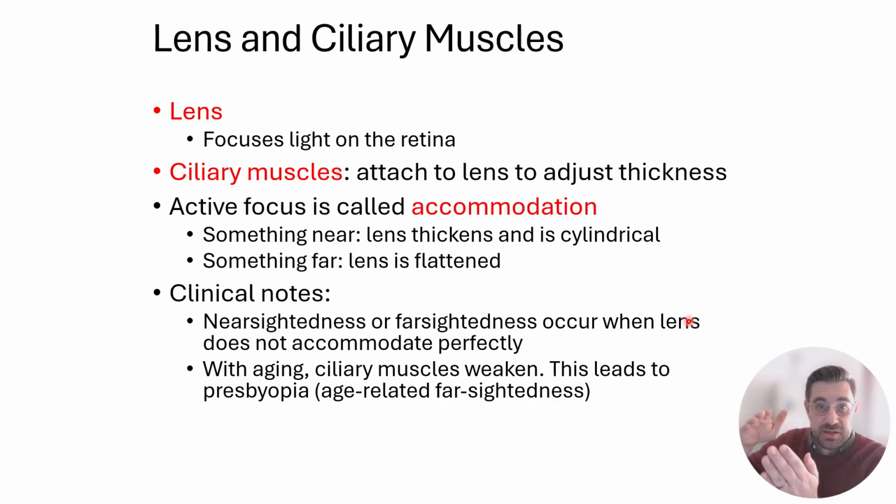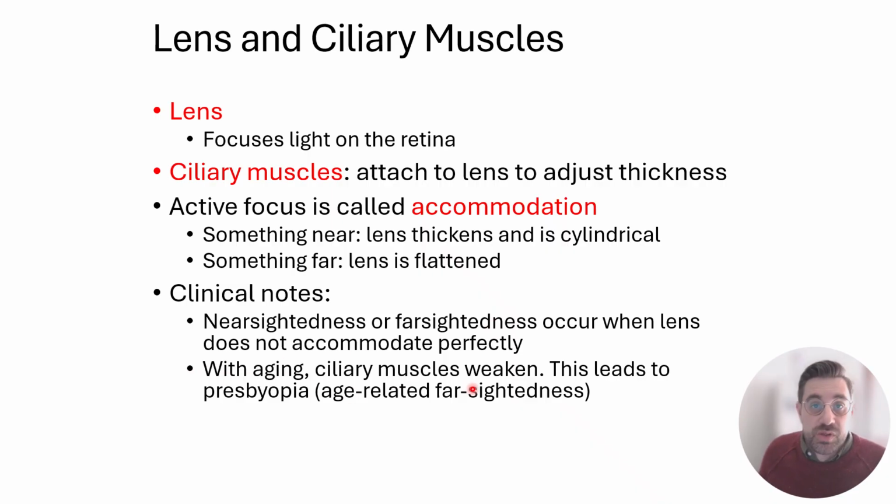Maybe it's bending it too much, so it's focusing just a little too early, or maybe it's not bending enough, so it's not quite getting to the center as well as it can. So you might get nearsightedness or farsightedness based on that.